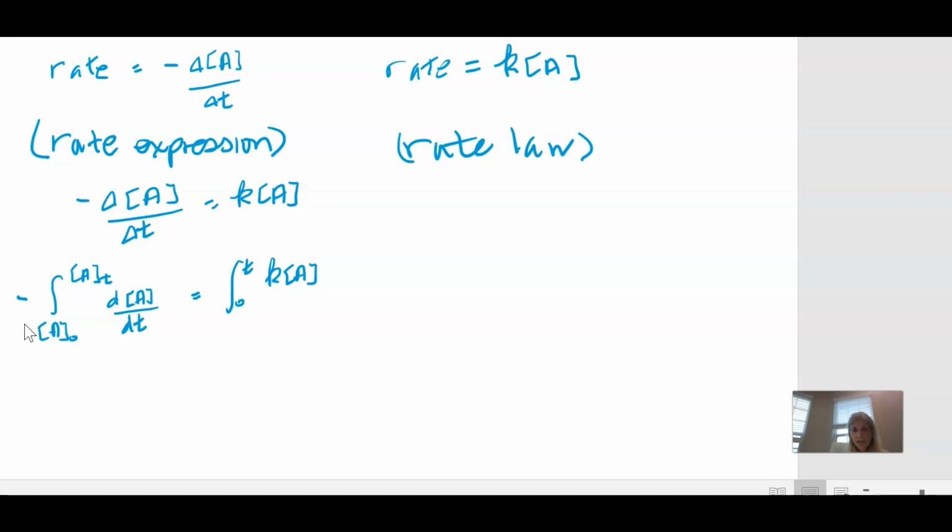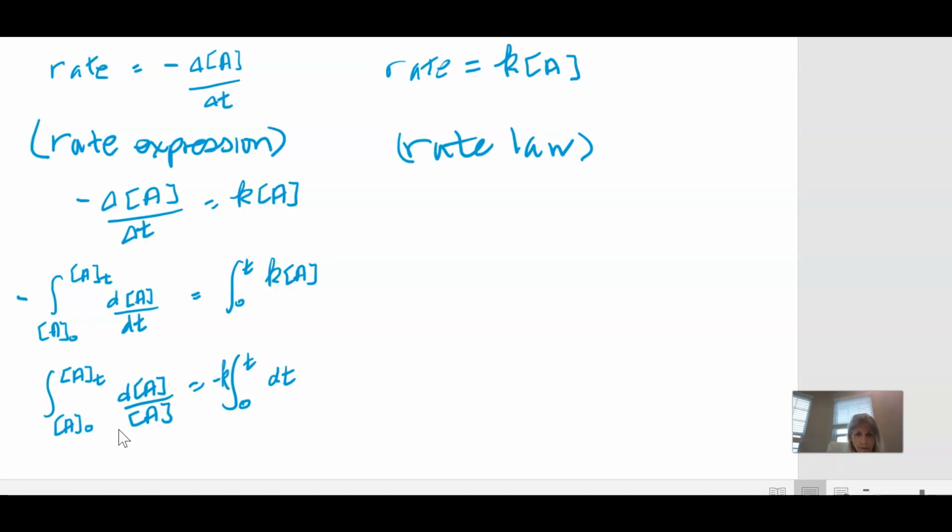So we're integrating both sides of the equation, and why don't we multiply both sides of the equation by negative dt, and divide by the concentration of A. Let's pull out the k, this k.